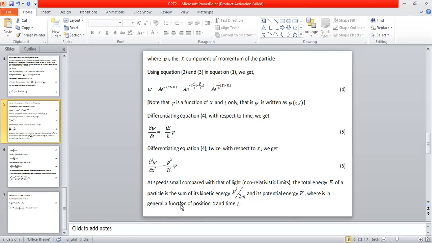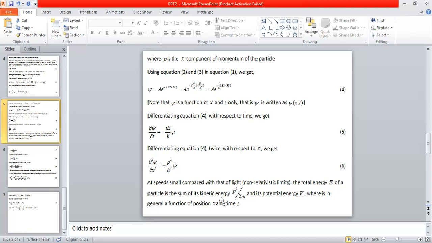So we can write down the expression for the total energy of the moving particle. We are assuming that the moving particle is under the influence of a force field, a potential field. Because of the influence of the force field, our particle is not only possessing kinetic energy, it is also possessing potential energy.